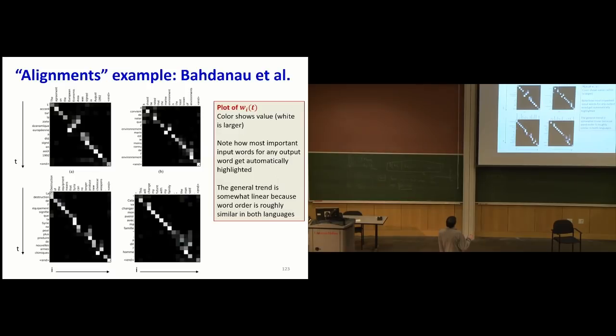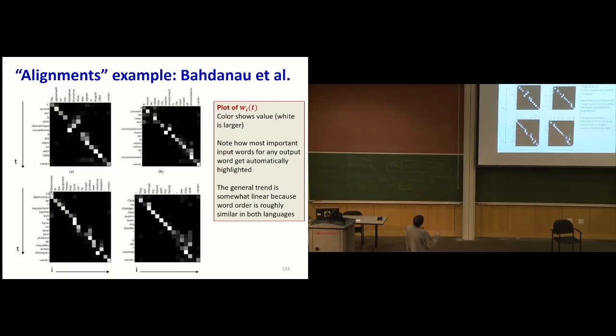And what they have done here is, this is the input. So for each word, they plotted the weights over the input as one row in this picture, where the grayscale tells you how much attention was paid to each word, the black is 0, white is 1.